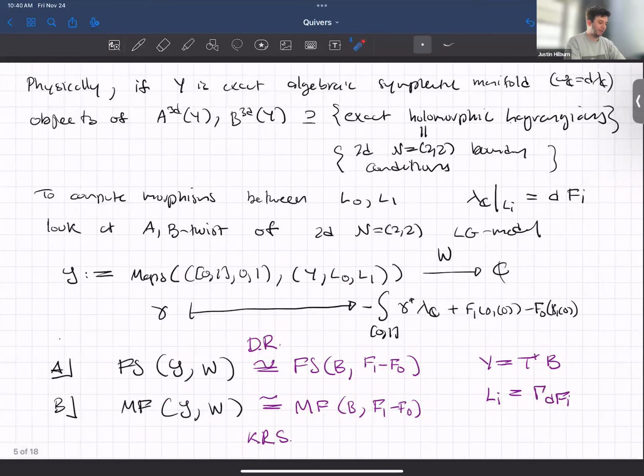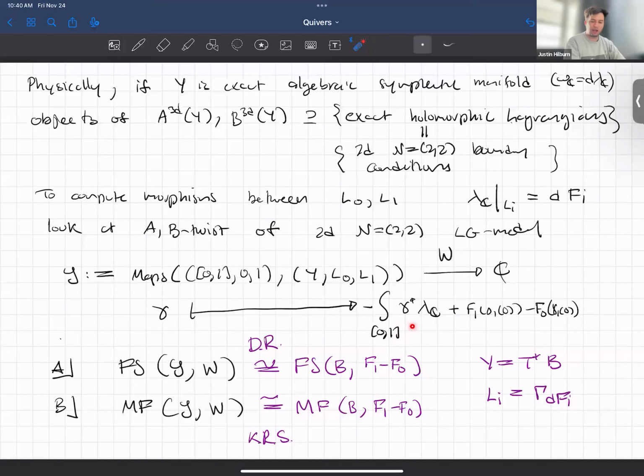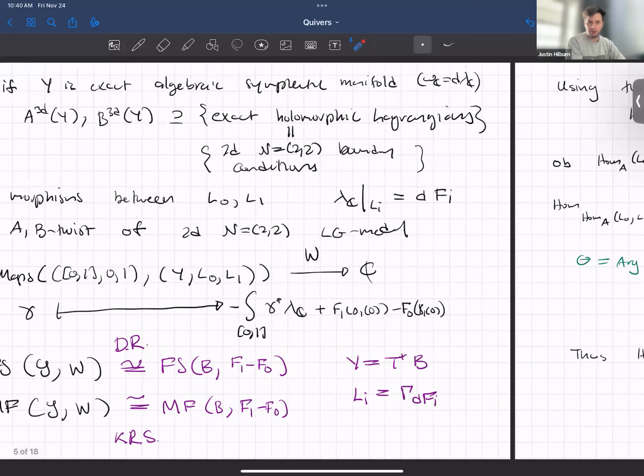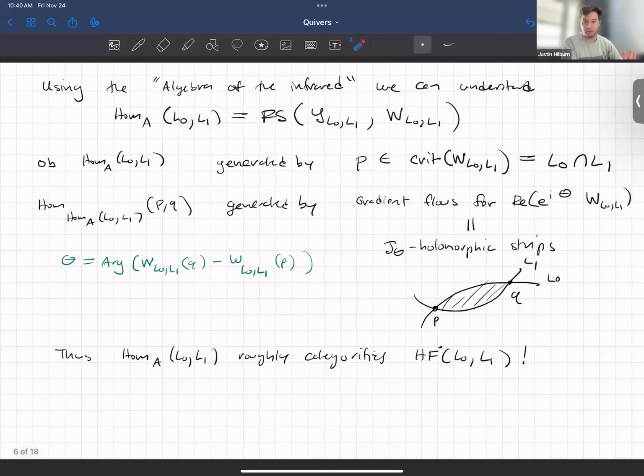That's exactly the computation you would have done for the 2D A model. It works exactly the same way, except that it's complex now instead of real. Just as in ordinary Floer theory, you take a complex generated by all of the critical points.